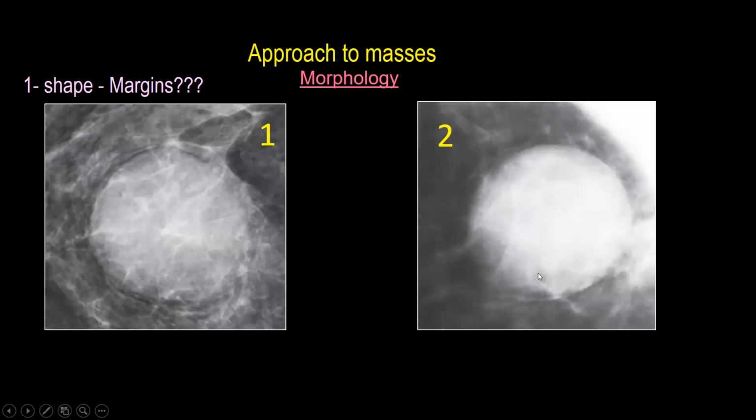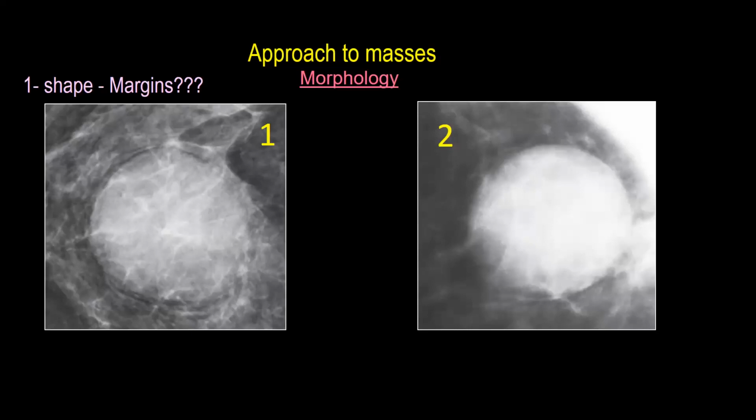High density, circumscribed. When we talk about the margin, both are circumscribed. One is circumscribed, one circumscribed partially obscured. Regarding the shape? Round. Both are rounded.